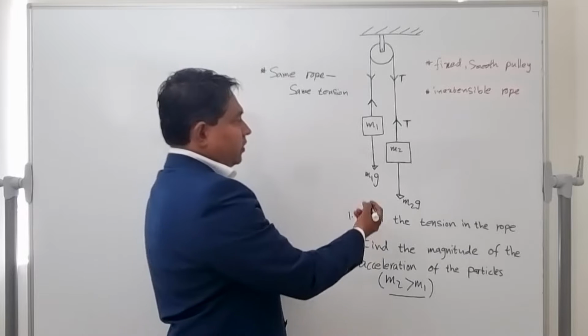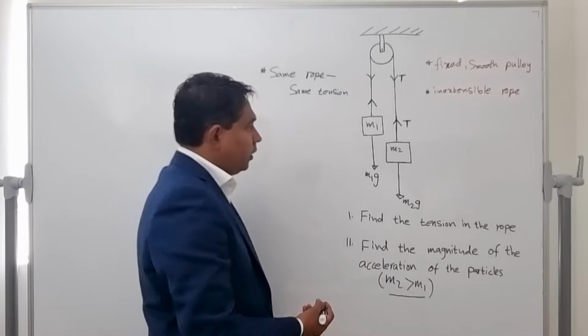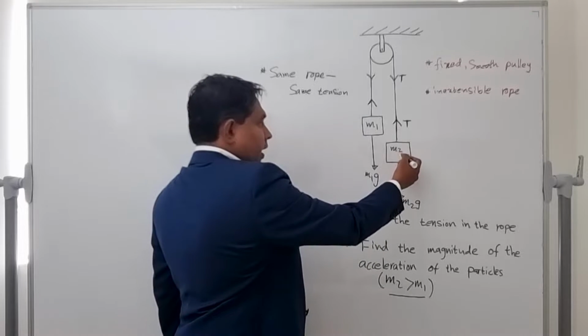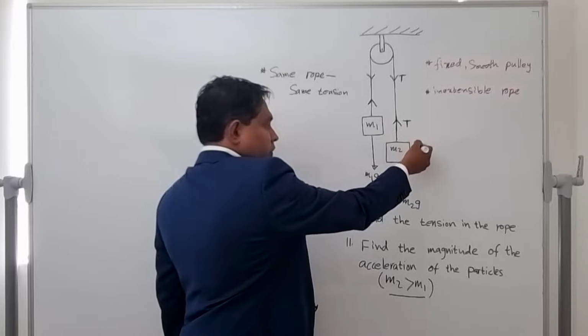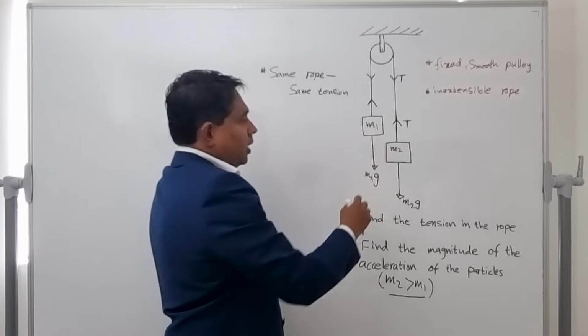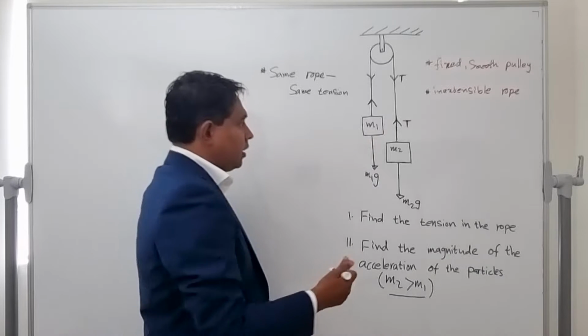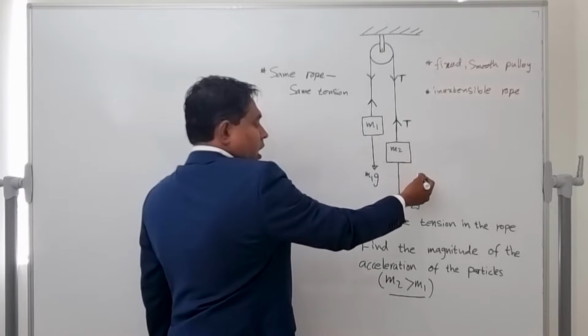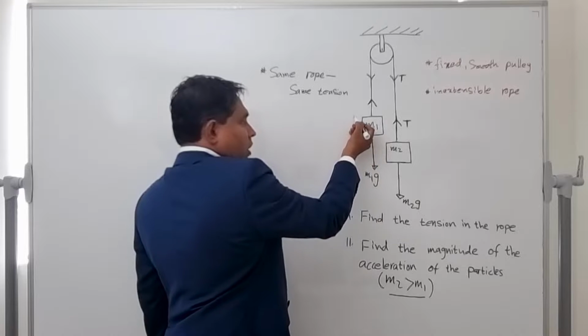If you release this system, what's going to happen? Definitely this particle should go down, as these two particles are connected to each other. When this one goes down, at the same time this one should go up.